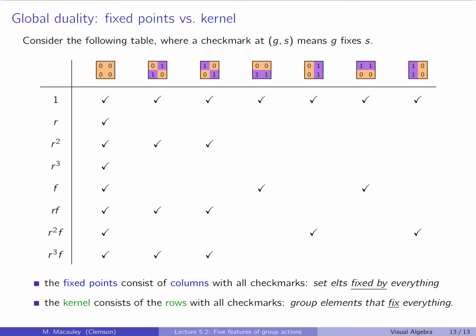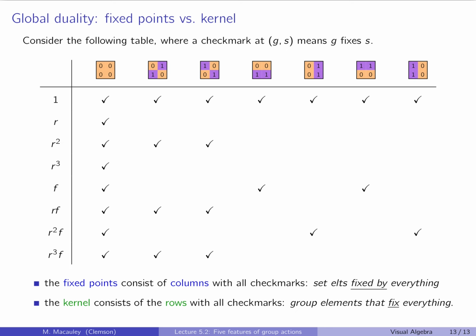So there is our fixed point because there's a check mark everywhere. And dually, the kernel consists of the rows where there are check marks everywhere. So these are the group elements that fix everything. And here you can only see one of them. So this is, again, why these two concepts are dual. You just take the so-called transpose of this table, interpret rows of one versus columns of the other.